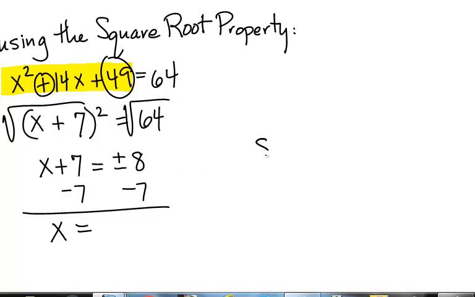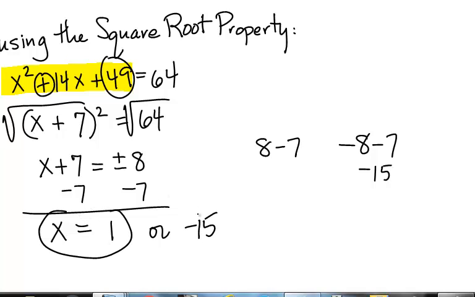So the two answers are 8 minus 7 would give you 1, or negative 8 minus 7 would give you a negative 15. So your two answers should be 1 or negative 15. Okay?